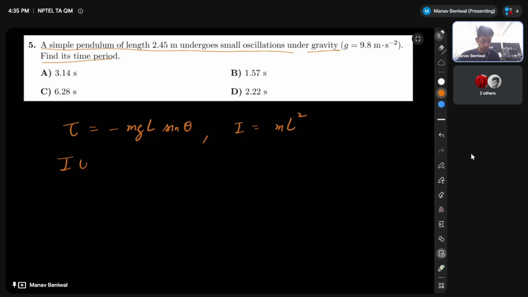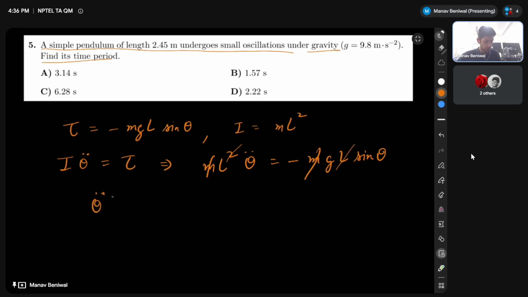If I apply the second law, I theta double dot equals tau. So ml squared theta double dot is equal to minus mgl sine theta. The m's cancel out, and l squared cancels with l.